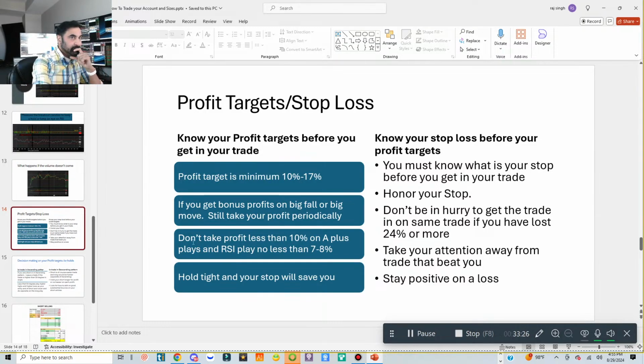So anyway, coming back to this, if you get a bonus profit on a big drop, a big fall, wait for that to happen, let it finish, and then take your profit. But take your profit, because it can bounce even from there. Don't take profit less than, like how people say, hey, this is falling, it's going to fade all day, just sit on it. And yeah, some of those stocks do fall 100%, right? We have seen a 90% dropper.